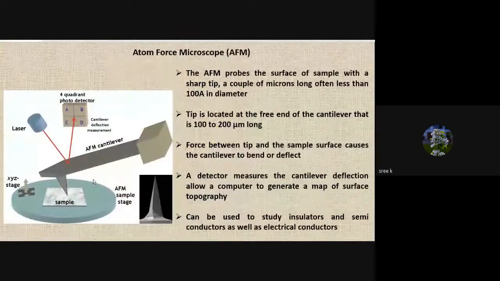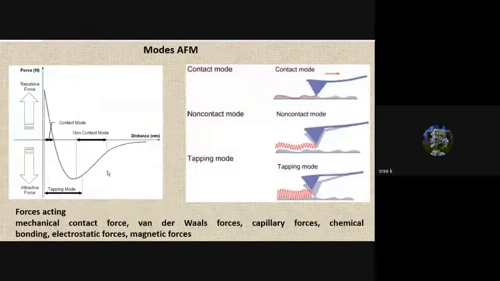Then the atomic force microscope, where you utilize the force between the atoms of the sample and the tip of the AFM. And in this particular graph, when two atoms are at a very large distance, you have an attractive force, then when they come in contact, there will be a large repulsive force.